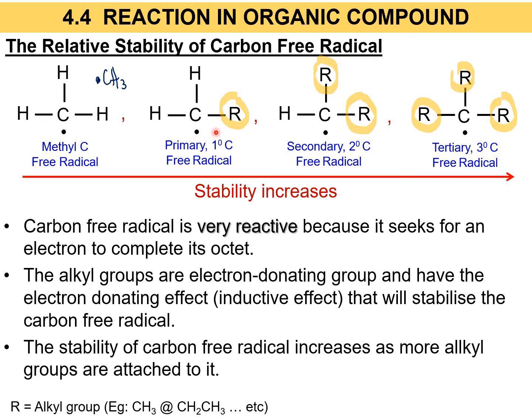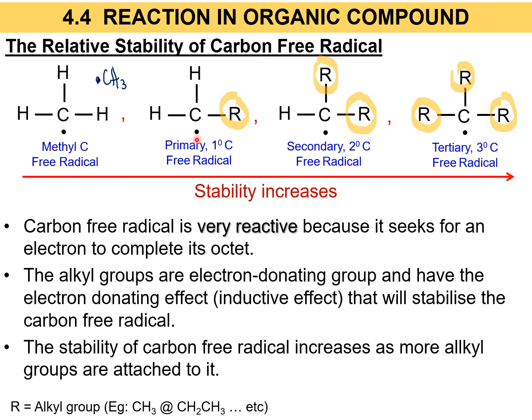So, alkyl groups ni dikenali sebagai electron donating group, okay, dia ada electron donating effect ataupun dikenali sebagai inductive effect. So, bila dia ada electron donating effect, dia akan menyebabkan this carbon free radical rasa macam cukup.